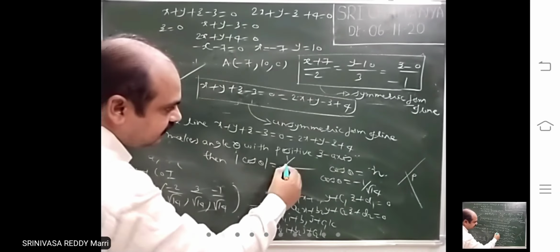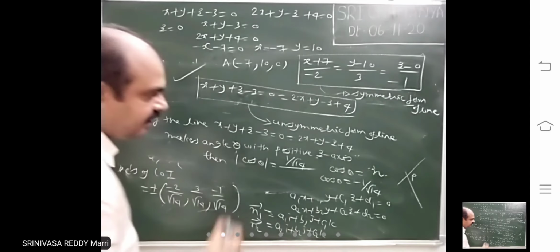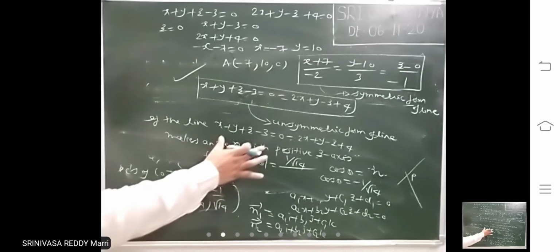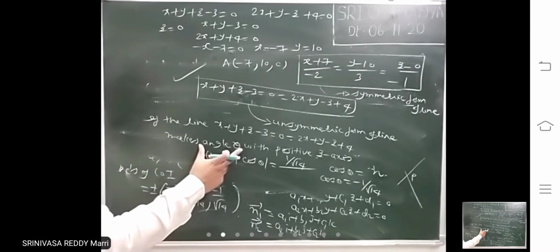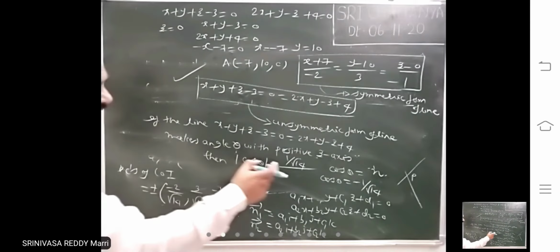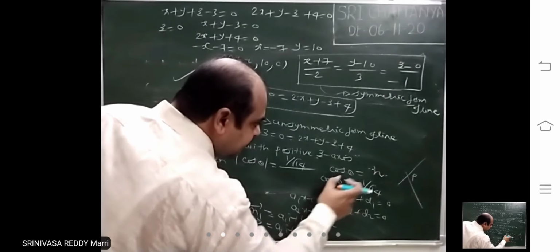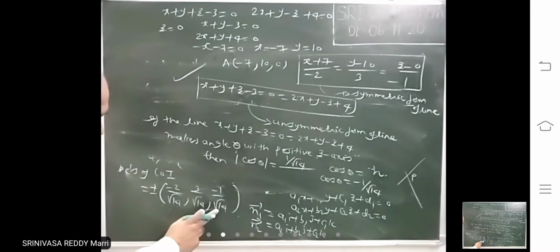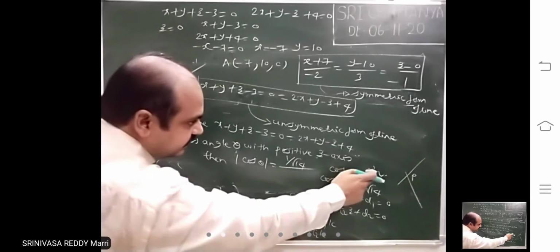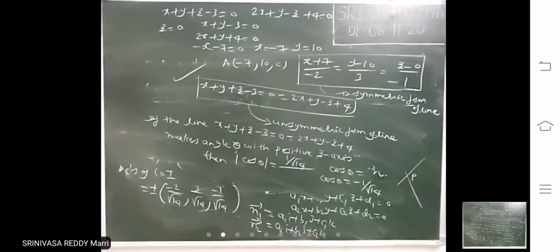Therefore, modulus cos theta is 1 by root 14. According to the definition, if a line makes angle theta with the positive z-axis, then cos gamma is N. That means you already got the DCs here. Find the DCs, then cos theta will be N, like that. This is called line of intersection.